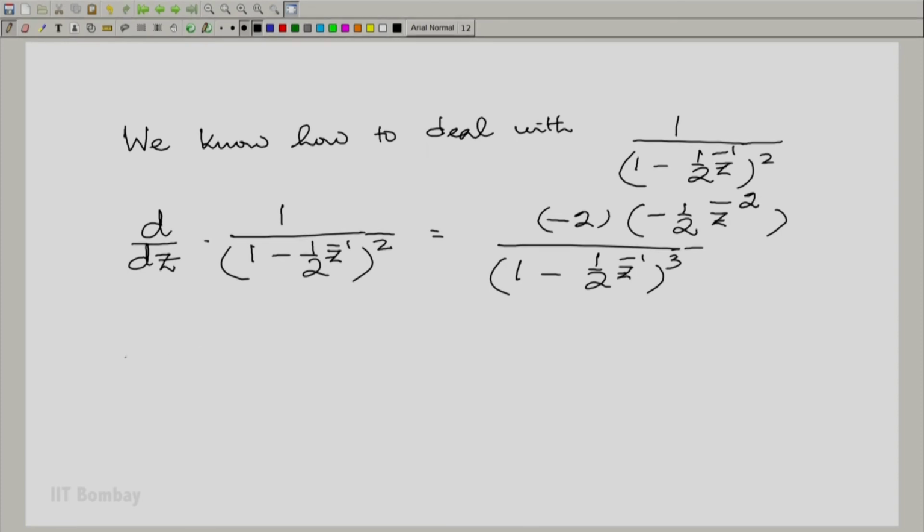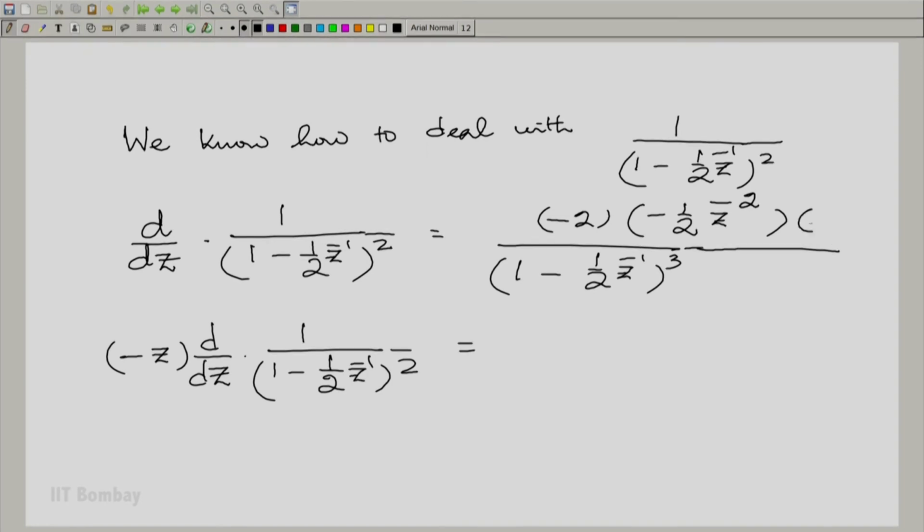So, now I take minus z times d by dz. So, here of course there is a minus 1 here too. So, it would be 2 times half times z to the power minus 1, because you are multiplying by minus z. So, there are 4 negative signs, and 1 minus half z inverse, the whole cubed.